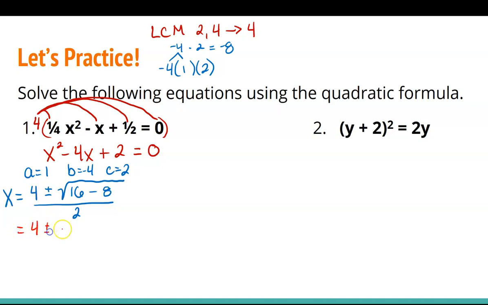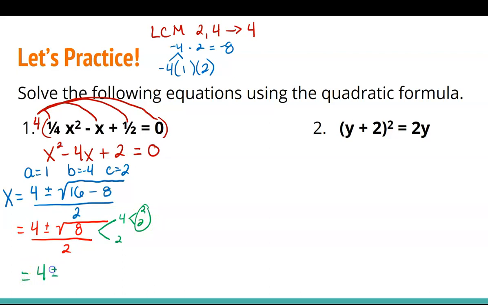Okay, so we have 4 plus or minus, simplify our radical, 16 minus 8 is 8, all over 2. We will break apart that radical. Sorry, it's so large. 8 can be broken into 4 and 2, which we know the square root of 4 is 2. But if you like the pair thing, that works as well.